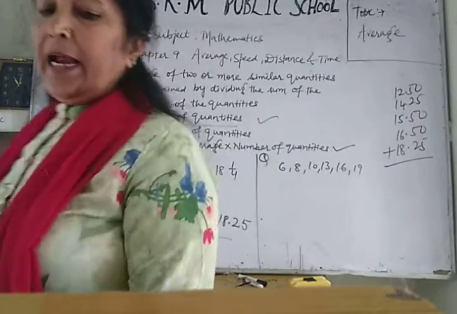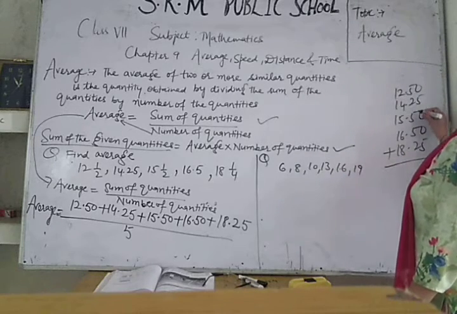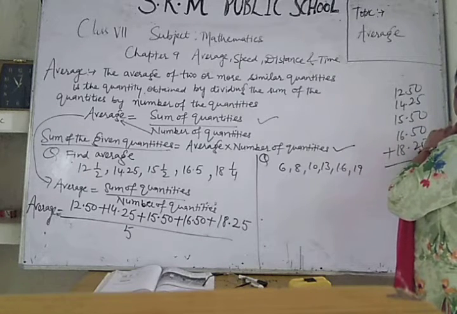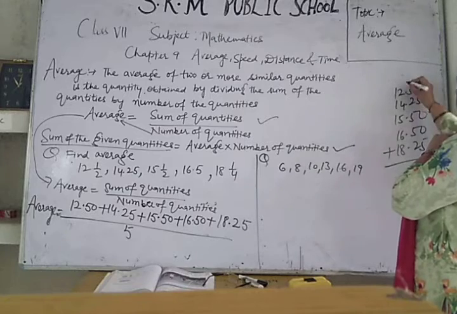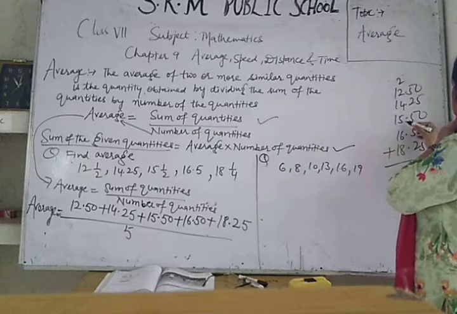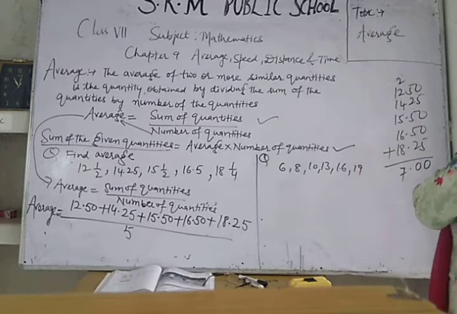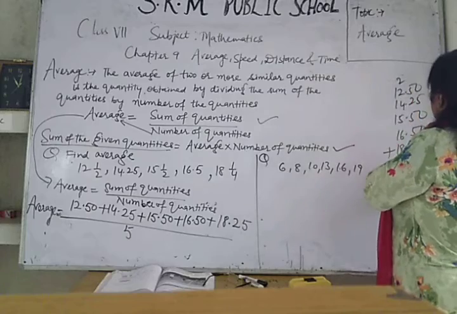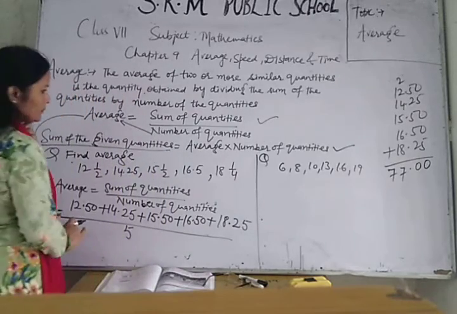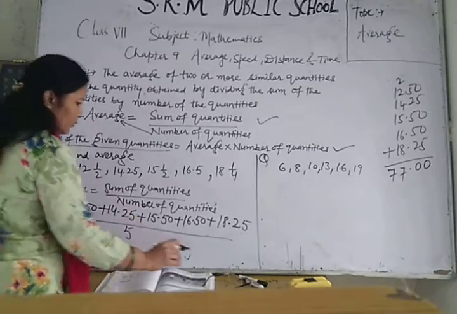What are you getting? Have you got 77.00?